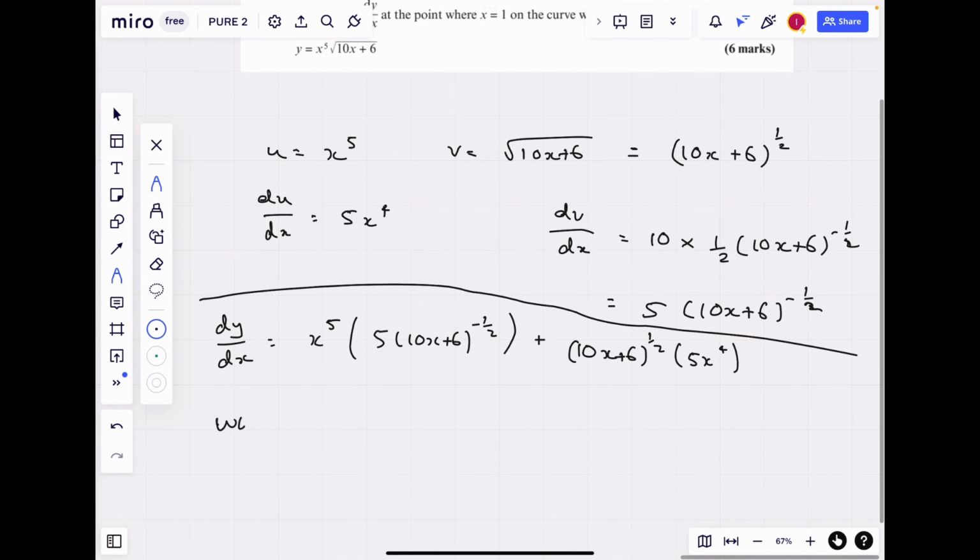When x equals 1, dy by dx would equal 5 over root 16 plus 5 root 16, or, sorry, let me rewrite that, 21.25. That's your final answer. And that is the product rule.